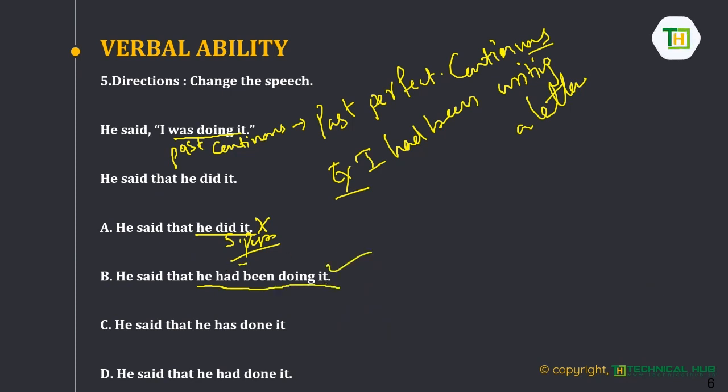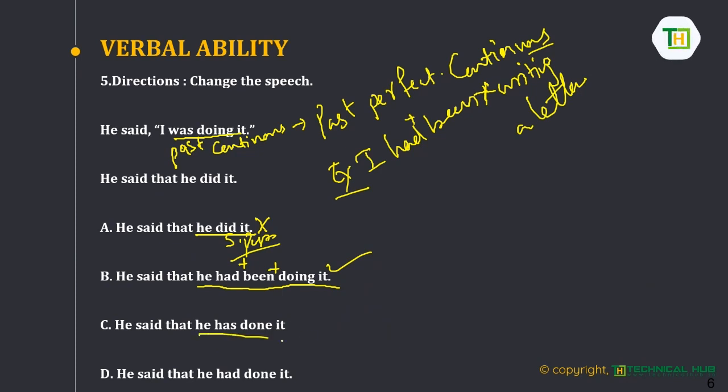Had is there, plus been, plus the ing form, doing it. See my example: had is there, been is there, and last the ing form is there. So this is how we connected. This is the format, and remember this: past continuous converts into past perfect continuous tense. Next, "He said that he has done it."